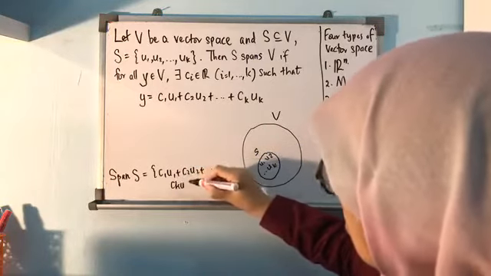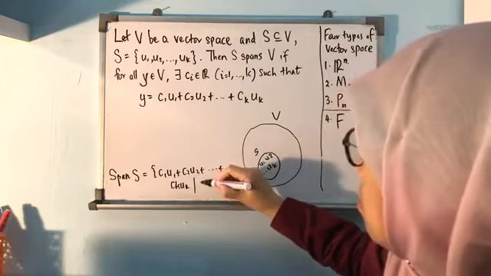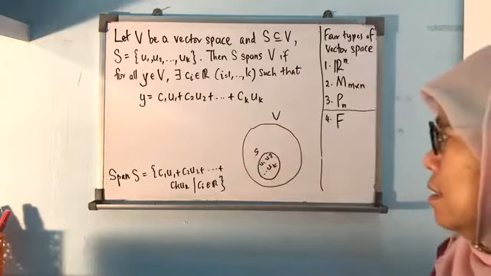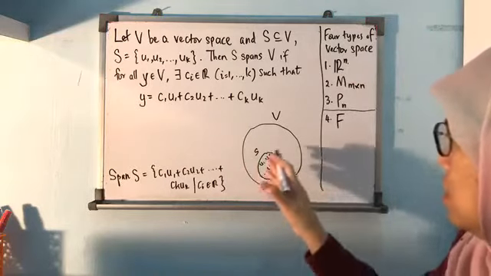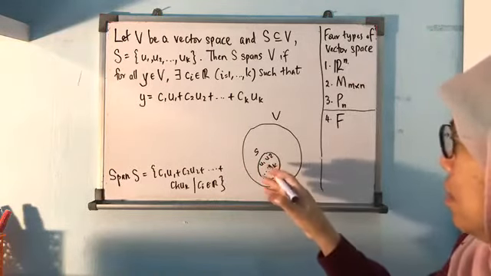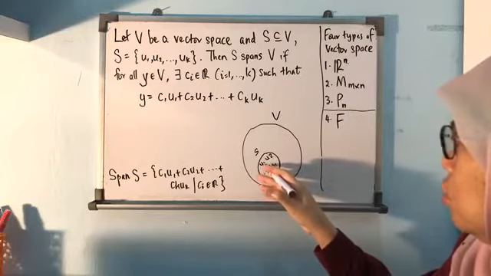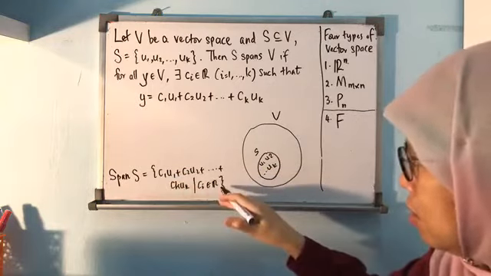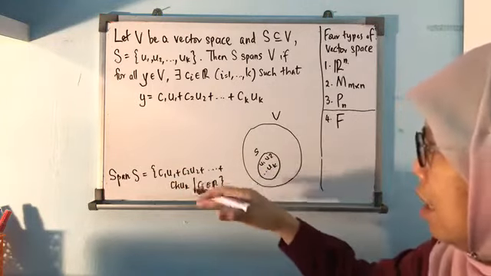Span S is all linear combinations of this, meaning you can multiply U1 with a coefficient, any real number, not just integers, and add them up.